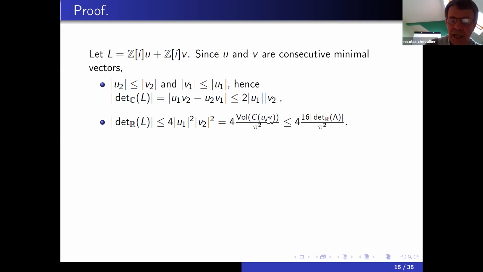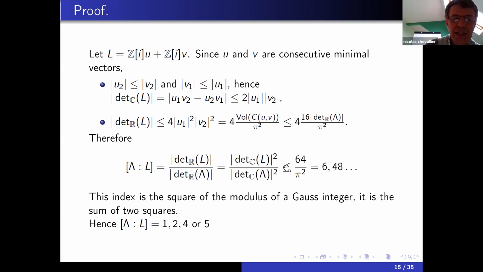So we can apply Minkowski's convex body theorem, and we get that this volume is smaller than 2 to the 4, because the real dimension of the space is 4, so 16 times the determinant of the lattice lambda.